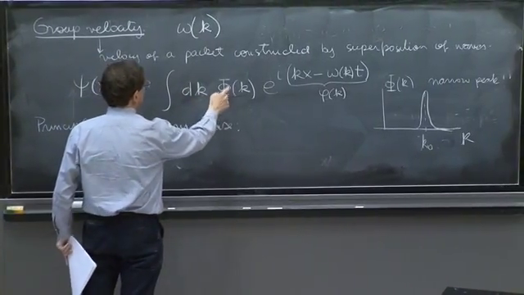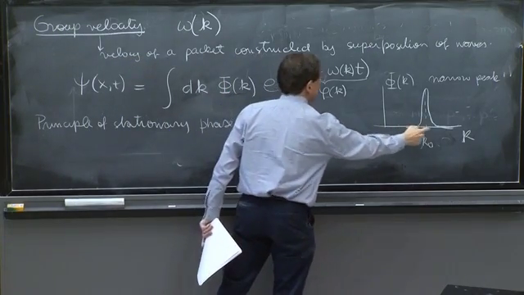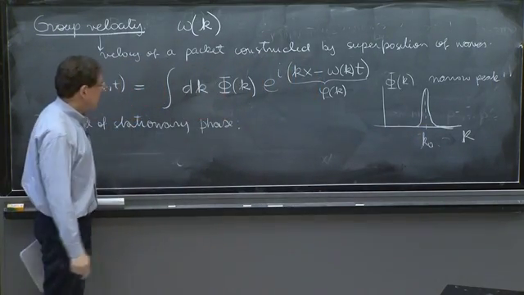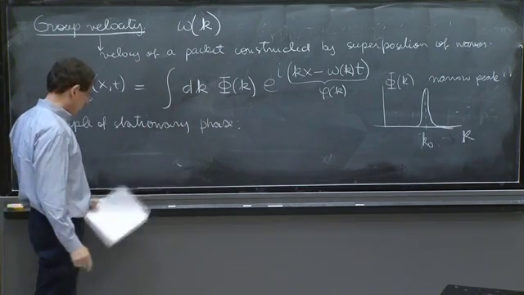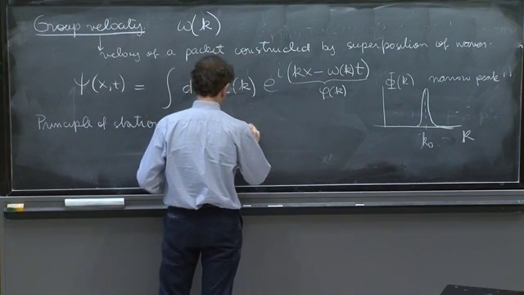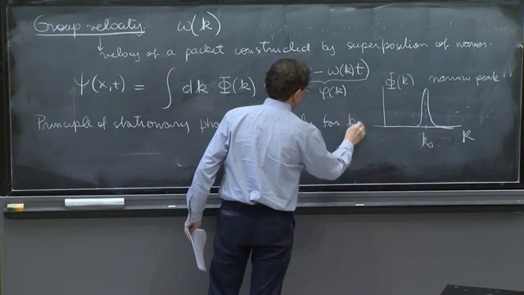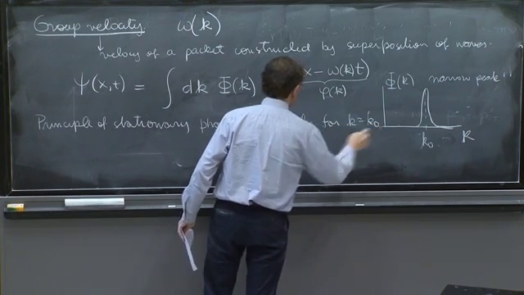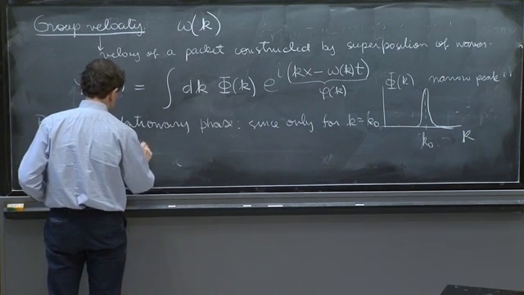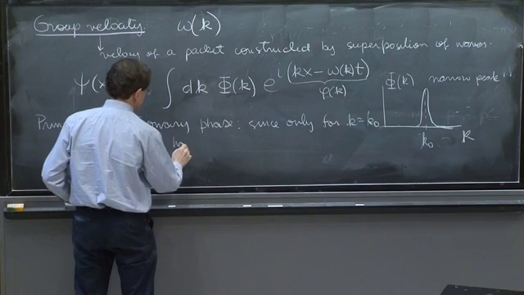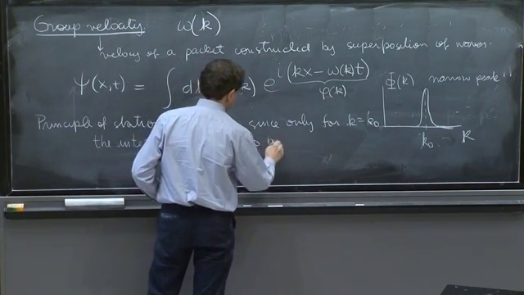Since phi anyway only peaks around k0, this is the principle of stationary phase applied to this integral. Since only for k roughly equal to k0, the integral has a chance to be non-zero.